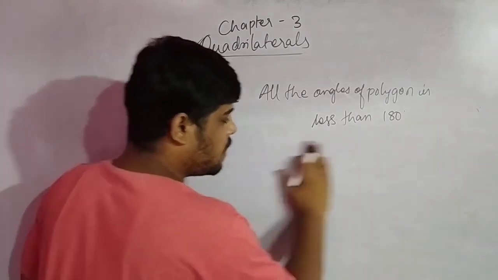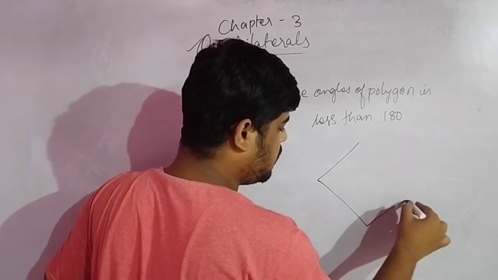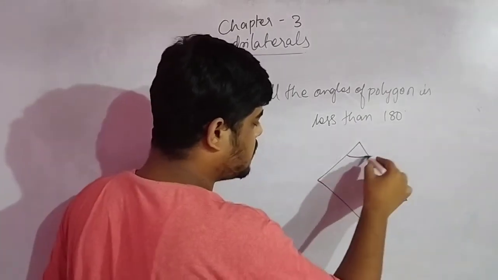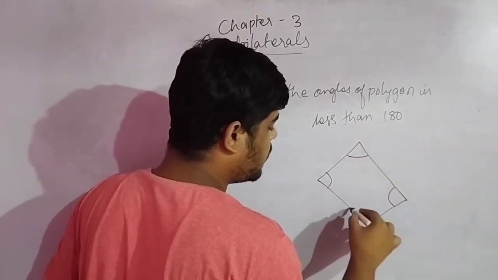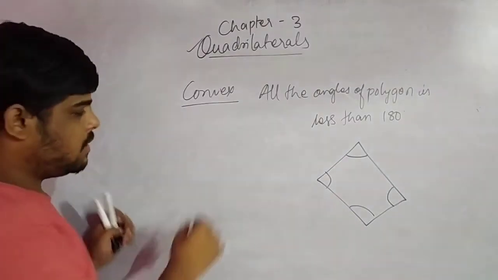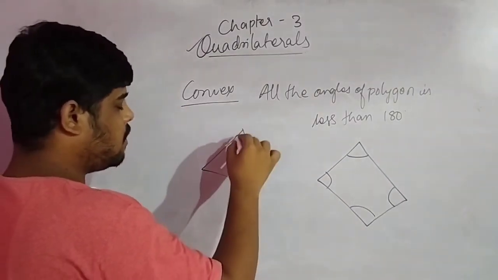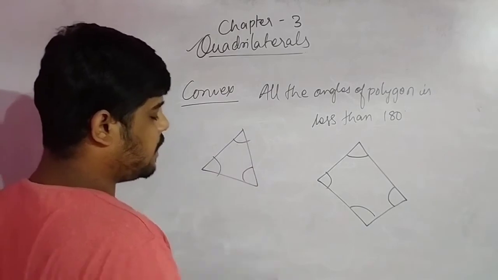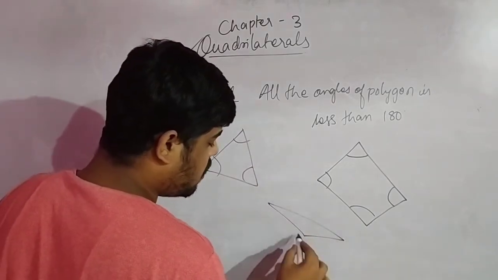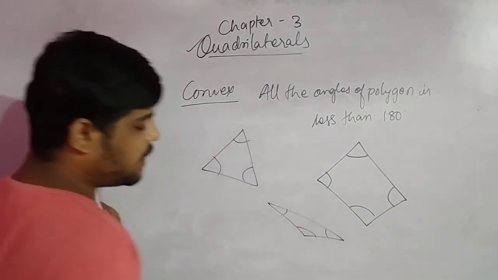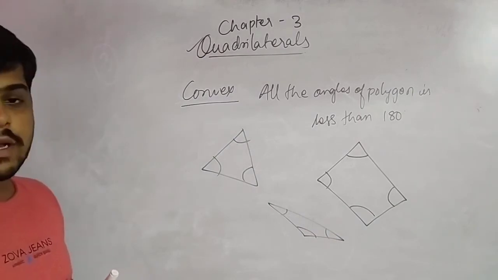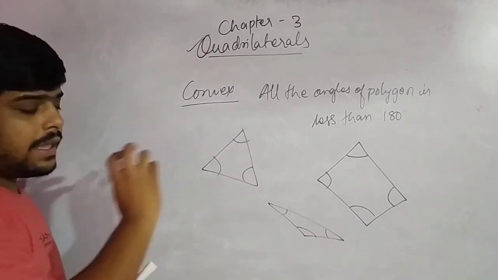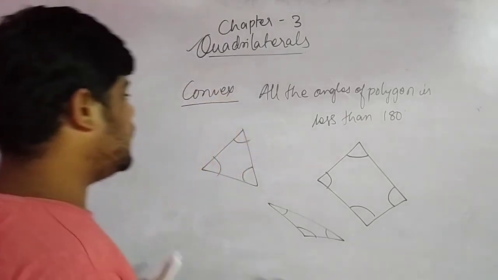Okay, so suppose this is a polygon, all the angles are less than 180. This is a polygon, all the angles are less than 180.